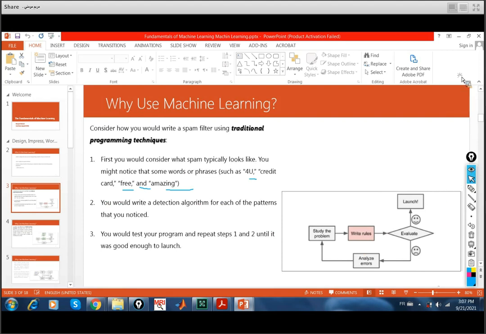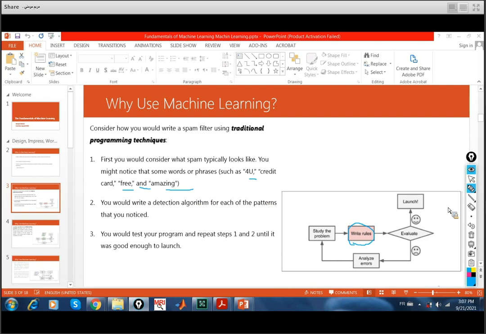There are many rules. At this moment, we don't want to know what the rules are, but we know there are many different rules. After we know the problem, we write rules to solve it, and then we evaluate it.